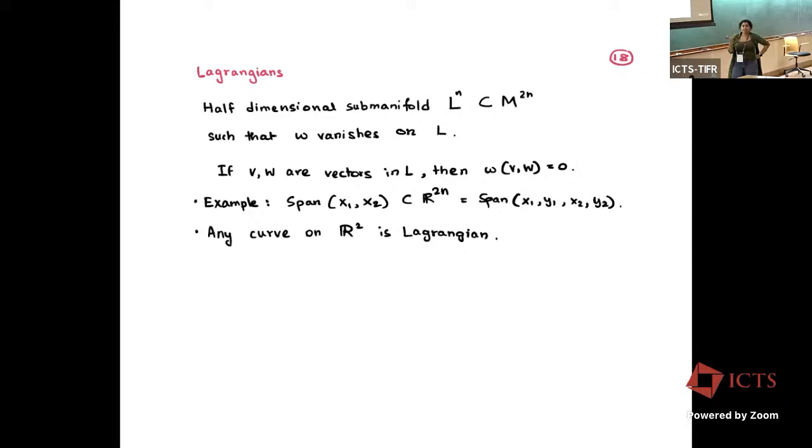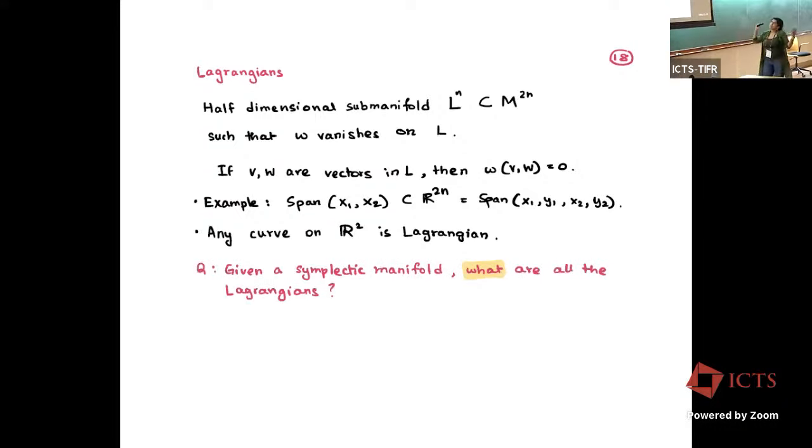If I put V and 2V inside omega, skew symmetry gives me 0. So any curve on R2, or the infinite cylinder we had, any favorite curve you draw, will be a Lagrangian. So in two dimensions this is not a very rigid condition; there are lots of things available. But as soon as you increase the dimension of your manifold, these become very interesting objects.